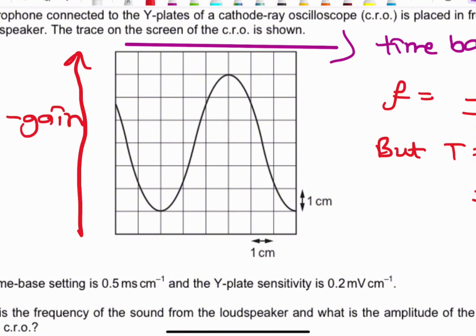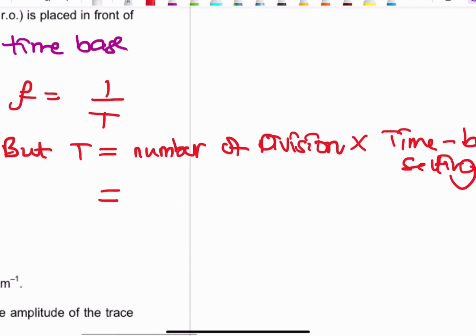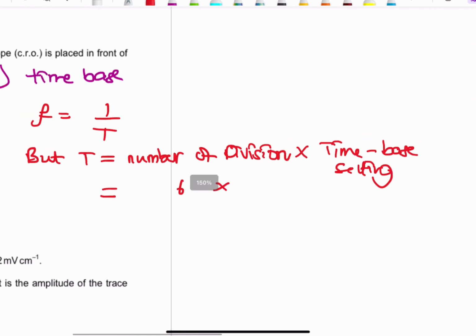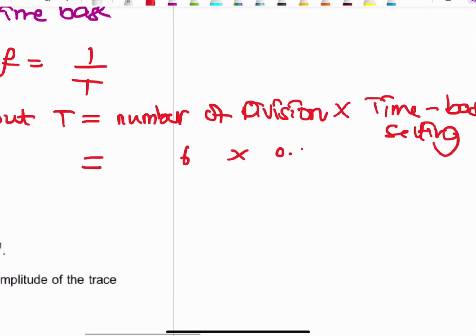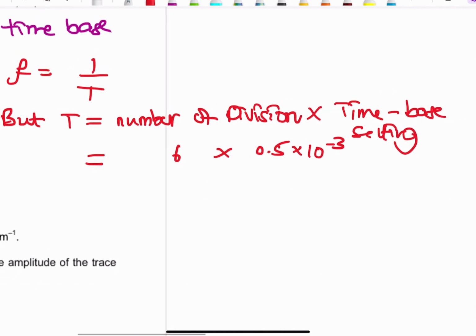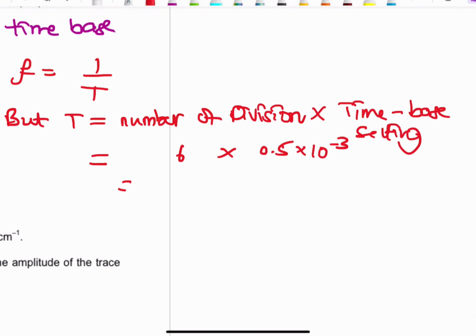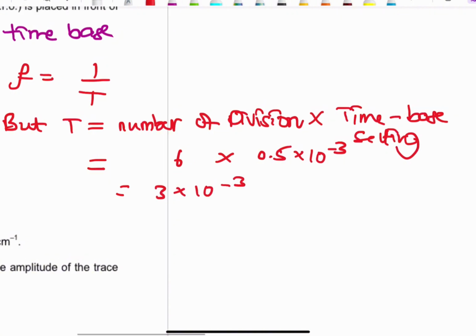If I'm starting here and I end here, it's basically 1, 2, 3, 4, 5, and 6. So I have 6 divisions multiplied by my time base setting, which is 0.5 milliseconds per centimeter, which is 0.5 times 10 to the power of negative 3. So it's 6 times 0.5 times 10 to the power of negative 3. That's going to give me 3 times 10 to the power of negative 3.